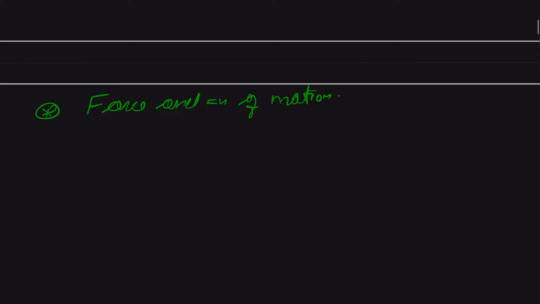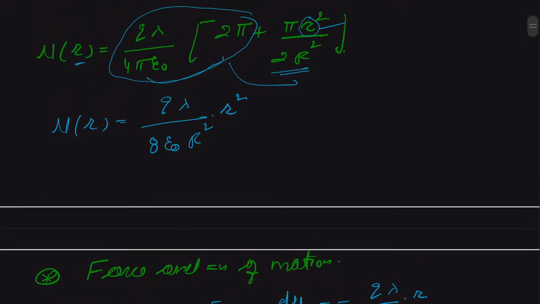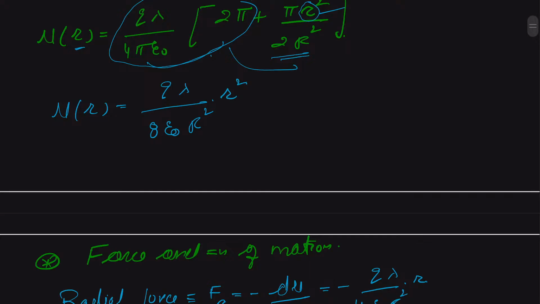We know that the radial force, that is our Fr, will be the negative of the derivative of our electrostatic potential energy with respect to r, and therefore its derivative will give us q lambda upon 4 epsilon naught capital R square, times r. Okay, we simply ignore the constant term. Even if we keep this constant term in the equation, its derivative will be equal to 0, so there is no purpose in writing it.